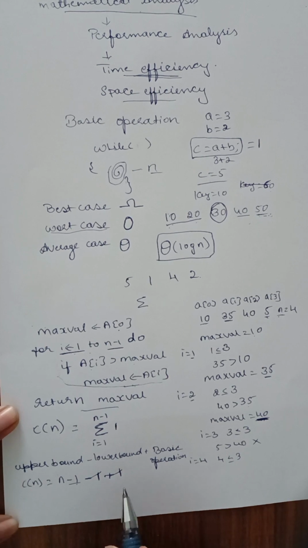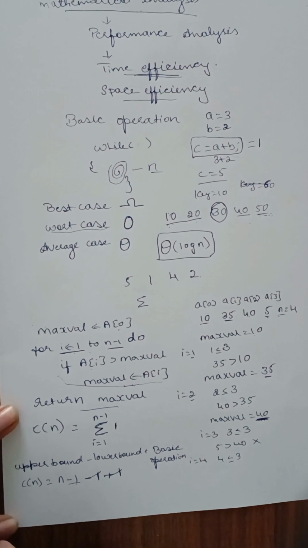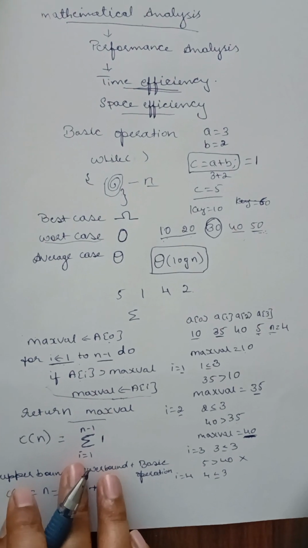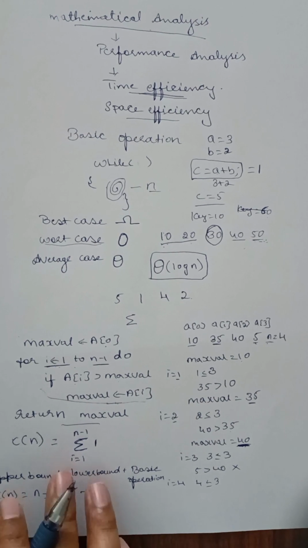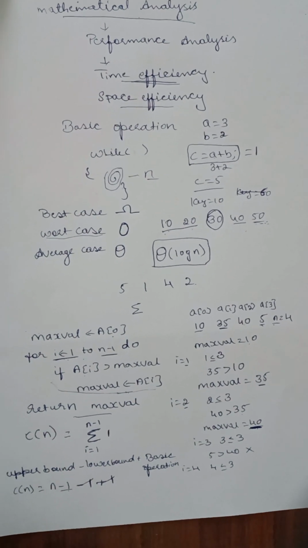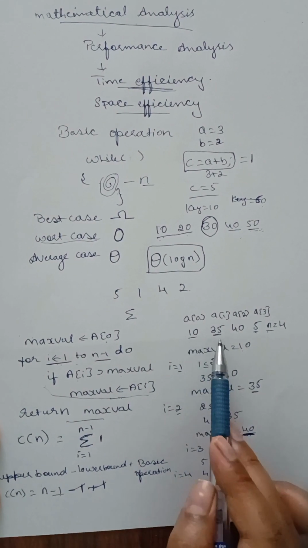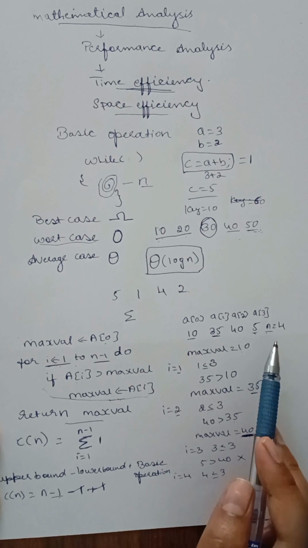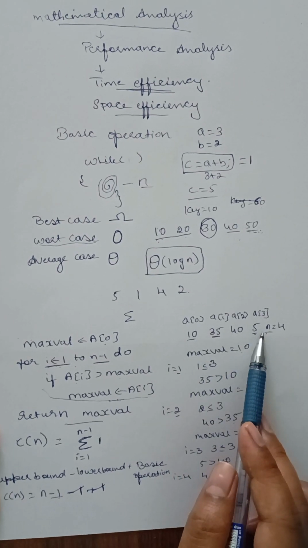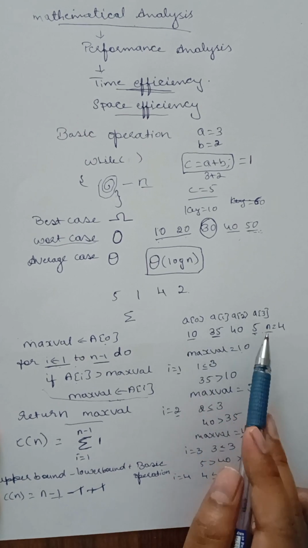And in which case will this come: best case, worst case or average case? Obviously it is the average case, as I have just told you. In order to find the maximum value, I have to traverse through all the elements. I have to check each and every element. It is not like it is at the beginning of the array and we find it at the end of the array; wherever it may be, I have to traverse through all the elements.